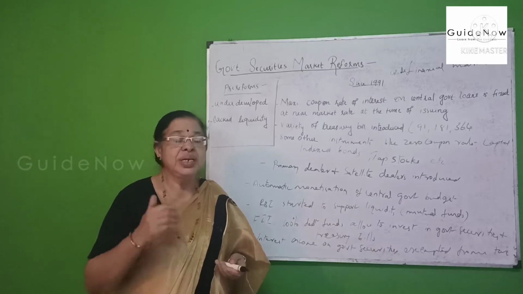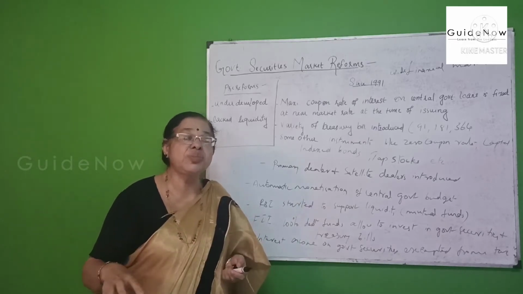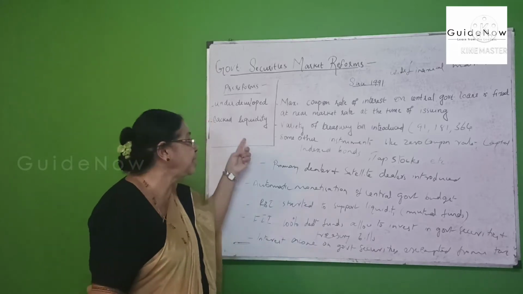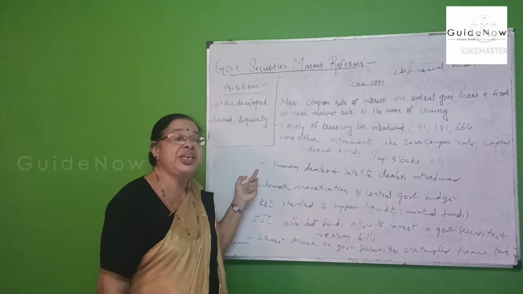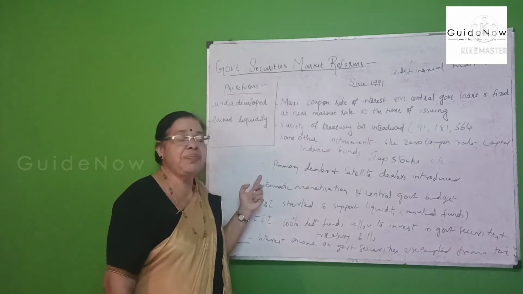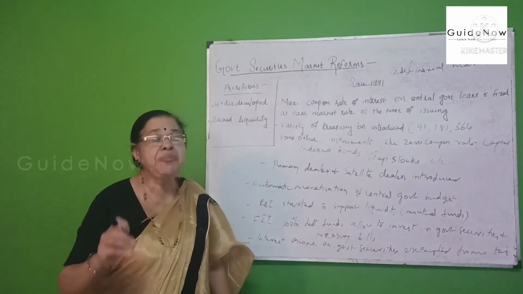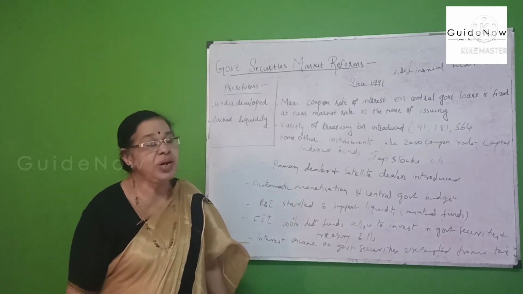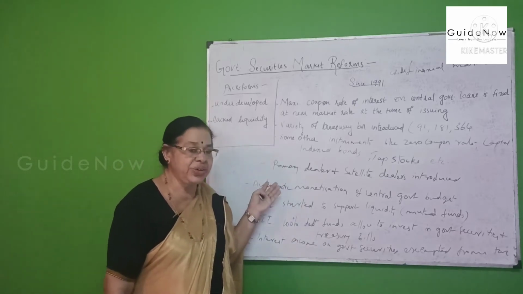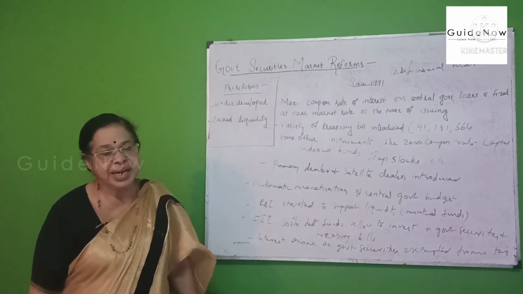In the government security market, the instruments lacked liquid character. Underdevelopment and lack of liquidity were the main problems before 1991.